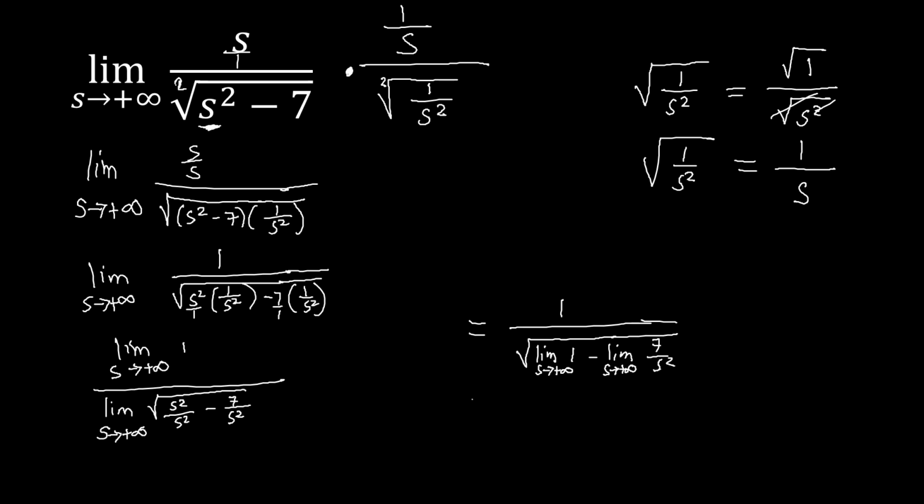So simplifying that one, we have 1 over the square root of the limit of 1 as s approaches positive infinity. That's a limit of a constant, so we have 1 minus the limit of 7 over s squared.